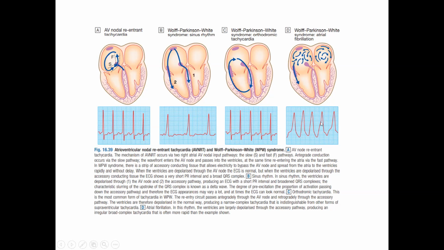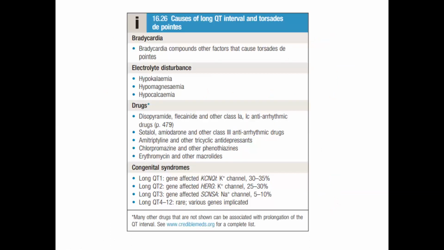But in the third, atrial fibrillation, only fibrillatory waves are seen. The QRS complex is irregular, and P waves cannot be identified. So this is Wolff-Parkinson-White syndrome, where there is an additional tract which connects the atria to the ventricles.